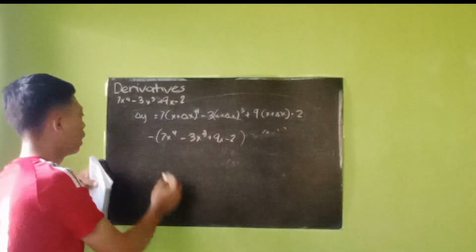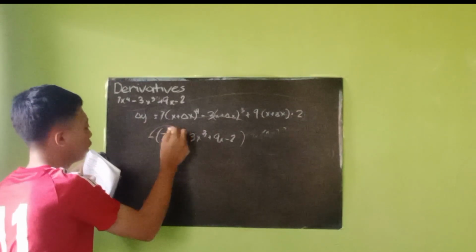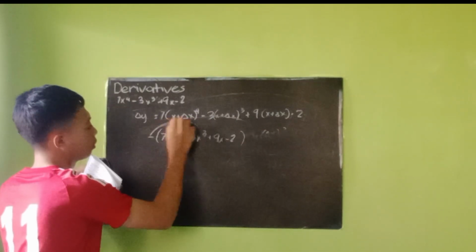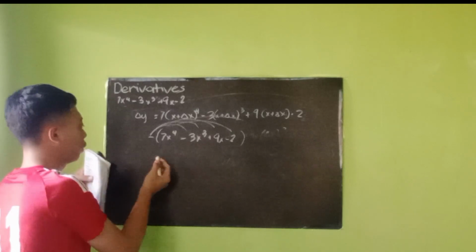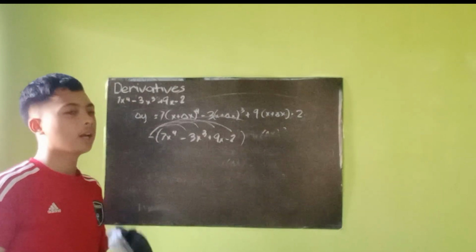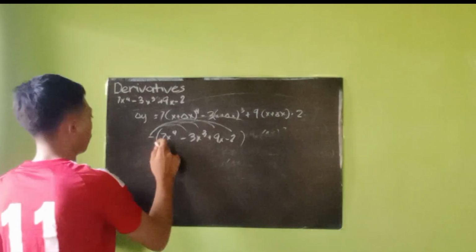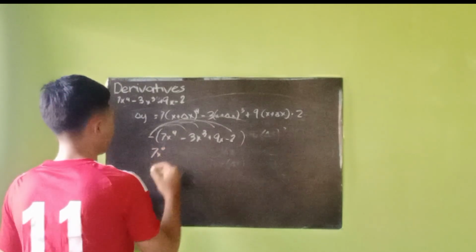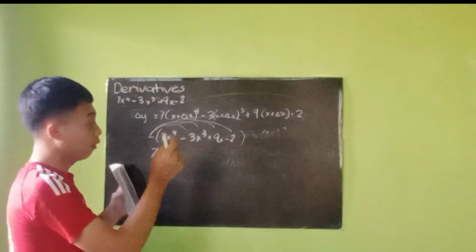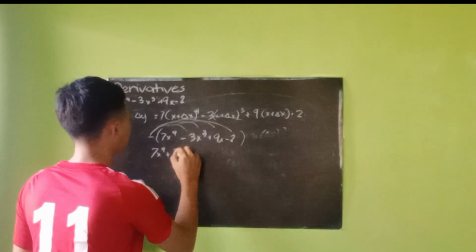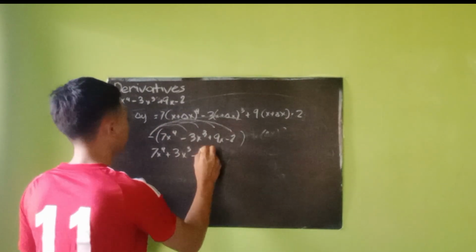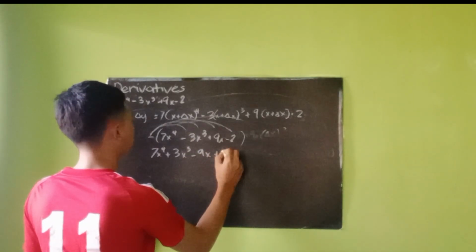Alright, so by distributing the terms, you have negative, then negative times positive is negative. So you have negative 7x raised to the power of 4. Negative times negative is positive, so you'll have positive 3x cubed. This one will also make it negative 9x, then positive 2.